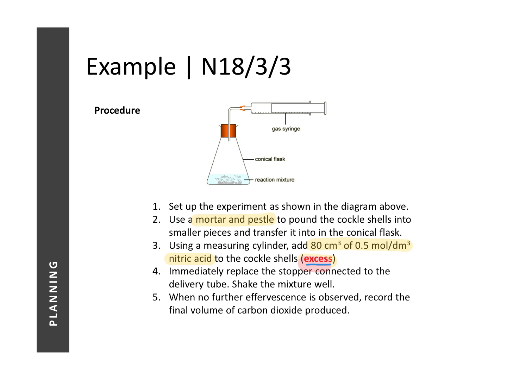In the procedure, if you take a look carefully, the apparatus are mentioned very clearly. We need to use a mortar and pestle, a measuring cylinder to add the acid to the cockle shells, and a conical flask to contain the shells.